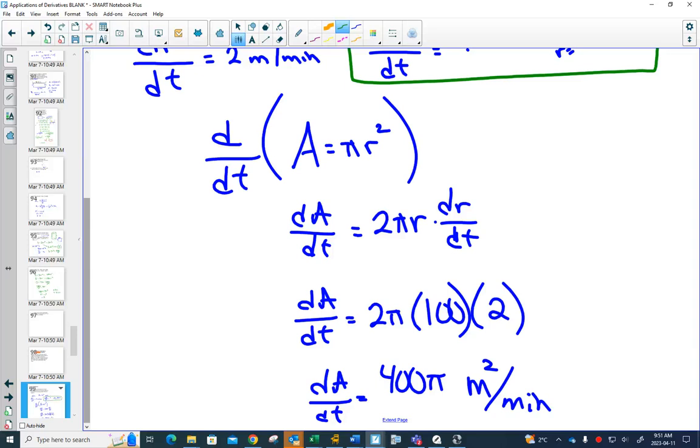If something's going to happen, what kind of damage, what kind of time do people have to get out of that damage rate? Because the explosion is spreading out at a constant rate for the most part. But the damage is increasing so much more every moment. Like right here, 400 pi meters squared. That's like 1,200 meters squared.